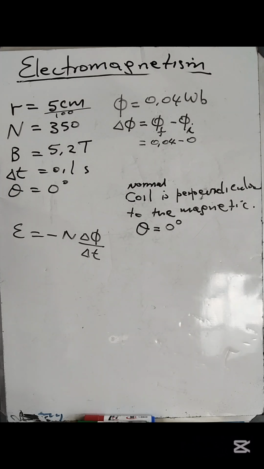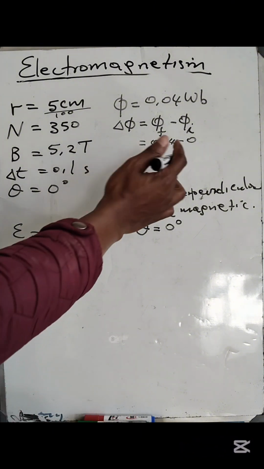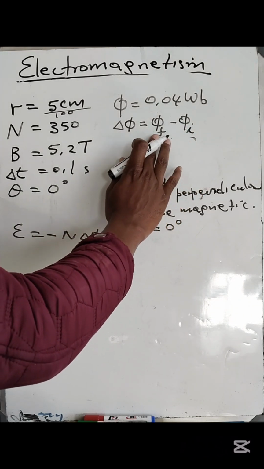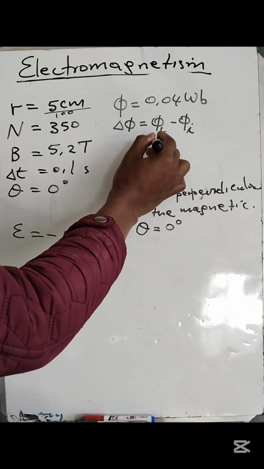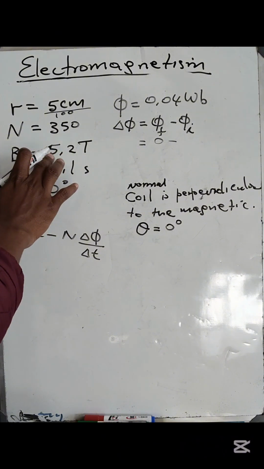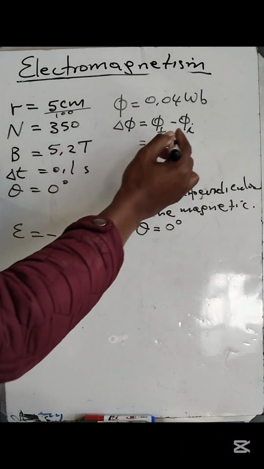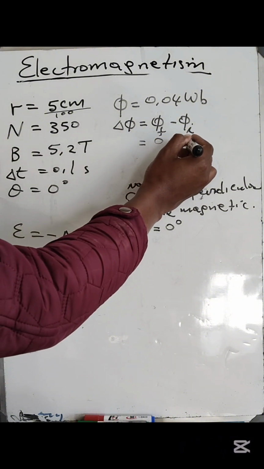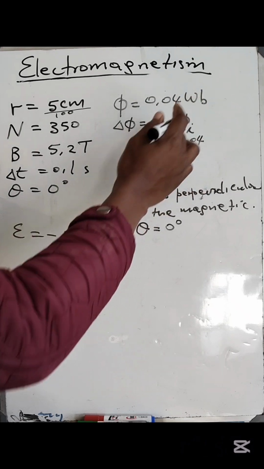It is pulled out of the magnetic field, so the final is 0. It is pulled out of a magnetic field, which is this one. So the magnetic flux is 0 for initial.